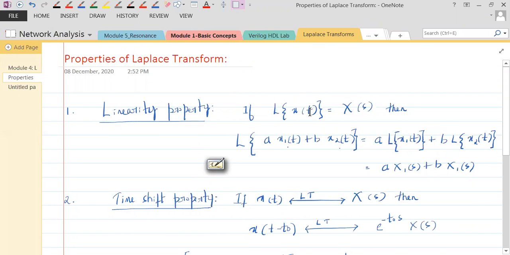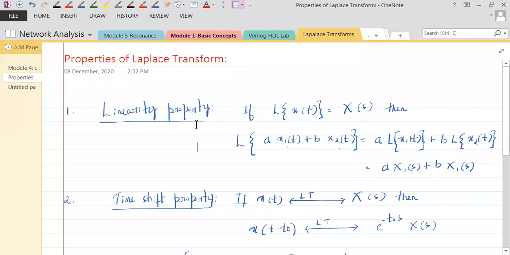If the Laplace transform of x1 of t is capital X1 of s, then that is what we use. This is the linearity property, which says that if there is a scalar associated with a signal, then while applying the Laplace transform, we separate the scalar and apply the transform only on the signal. That is what the linearity property is telling you, in a vague sense.